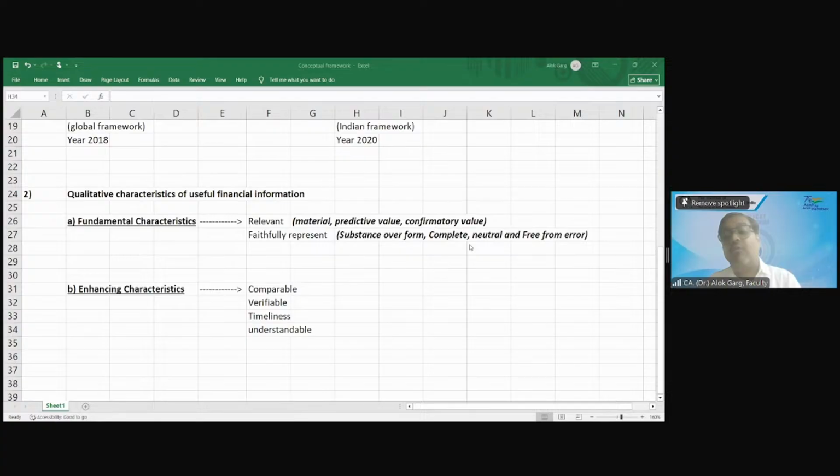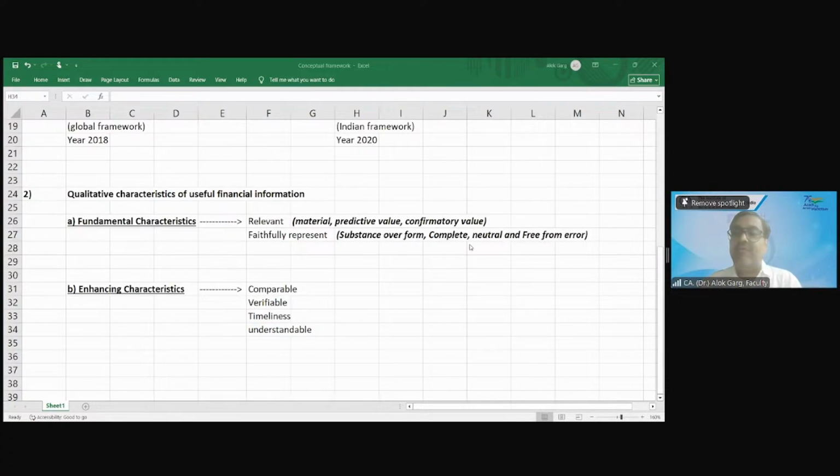Whatever they have predicted in the past, they will be able to confirm whether the current year numbers are in line with the past predictions or not, right? So they can correct and improve future predictions through the confirmatory value. The information should be on the basis of substance over form, and it has to be complete, neutral, and free from any error.